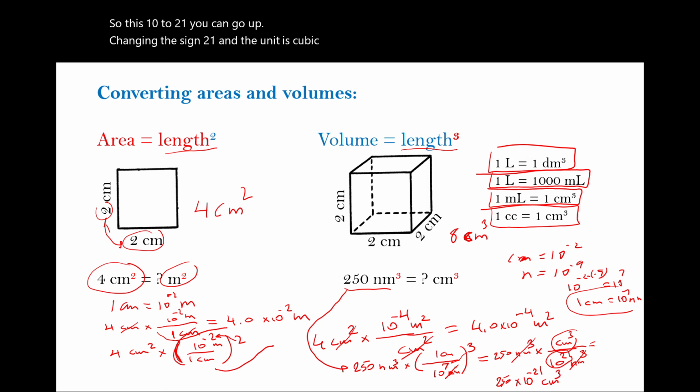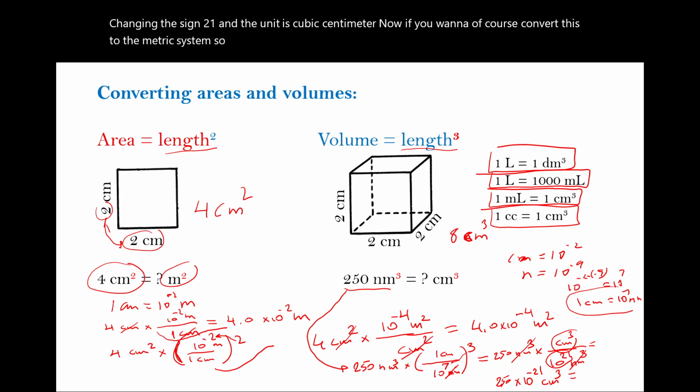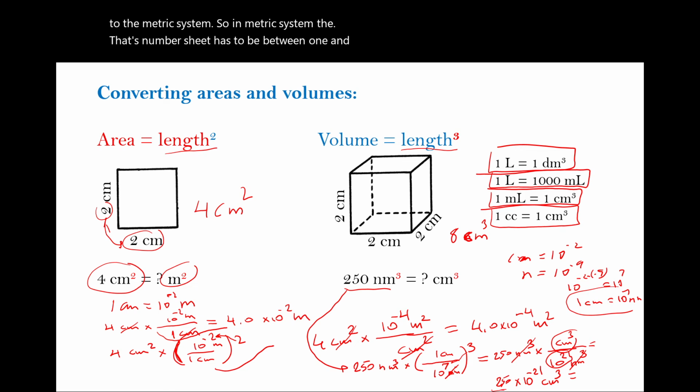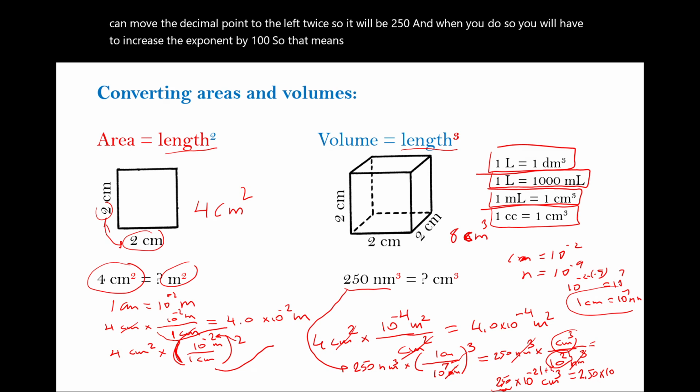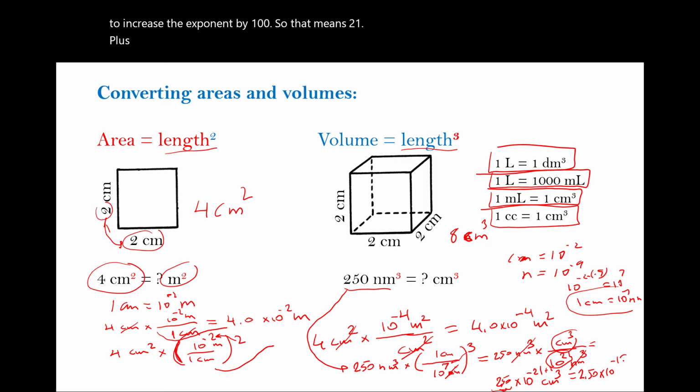Now, if you want to convert this to scientific notation, this number here has to be between 1 and 10. Now it is 250, it is greater than 10. So we can move the decimal point to the left twice. So it will be 2.50. And when you do so, you will have to adjust the exponent by 2. So that means negative 21 plus 2, so you got negative 19 cubic centimeters. So that is your answer.